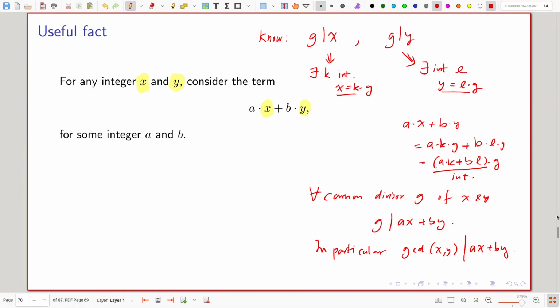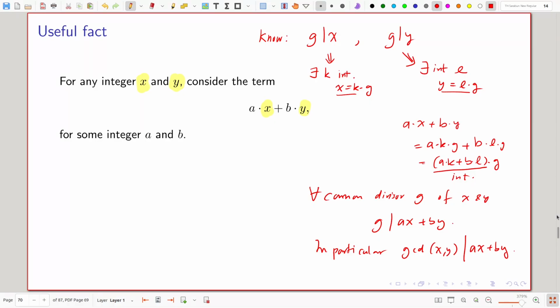But we actually know that the GCD has to divide this number, okay? So if this term ax plus by is really small, what can you say about the GCD? The GCD has to be small as well because it divides this number. So to divide this number, it has to be maybe as large as this number. It cannot be larger than this number.